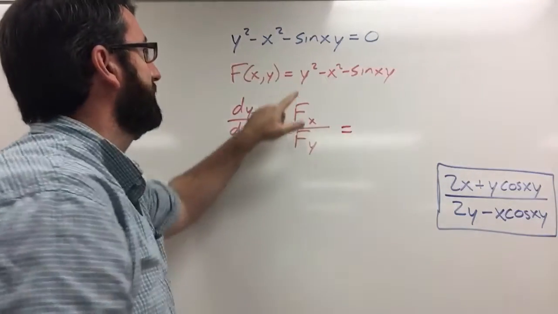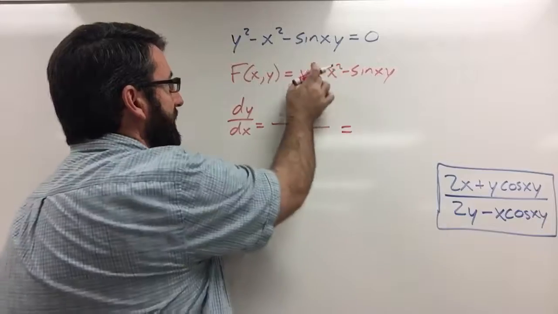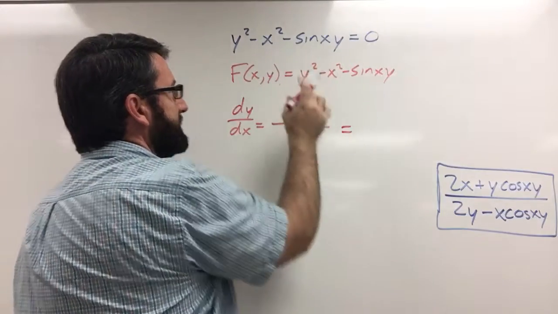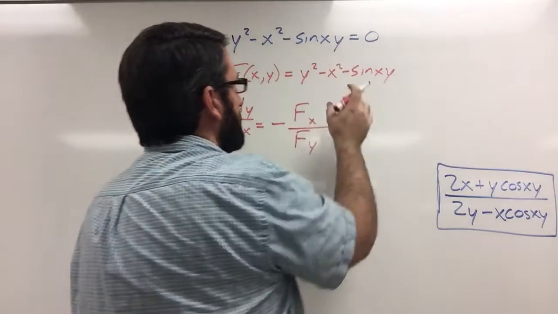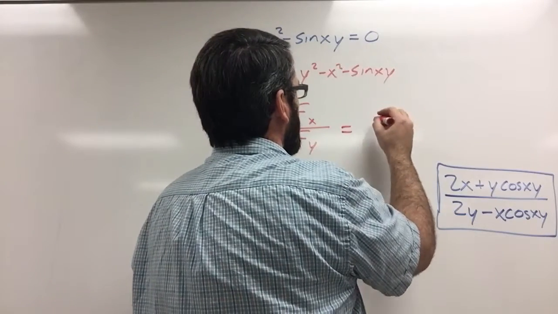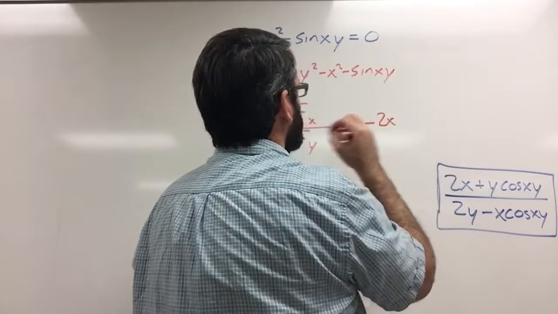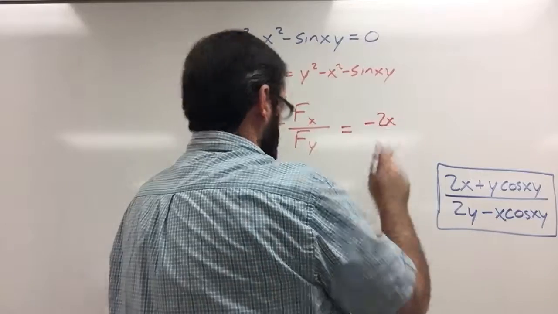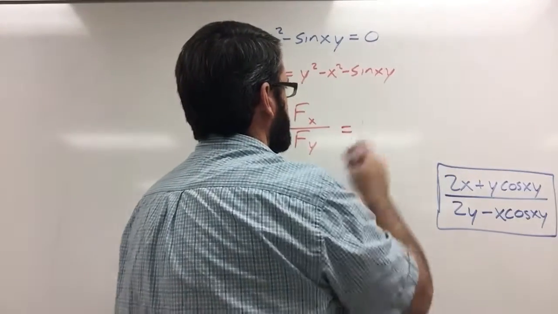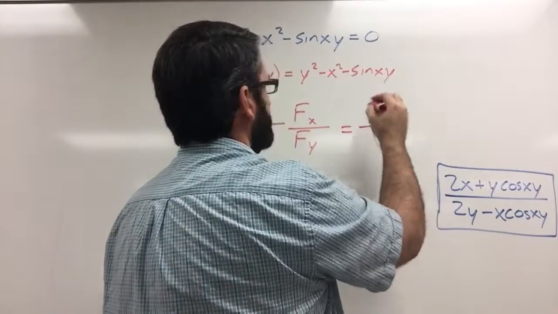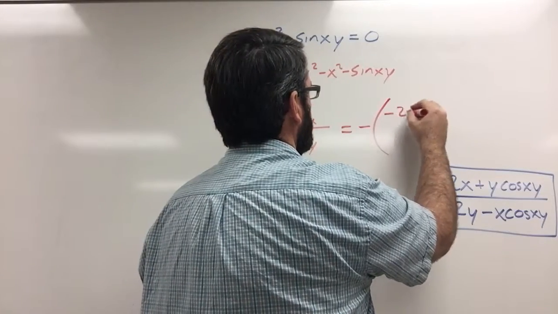So the partial derivative of f with respect to x, if we hold y constant, that's just going to be 0. Derivative of negative x squared is negative 2x.